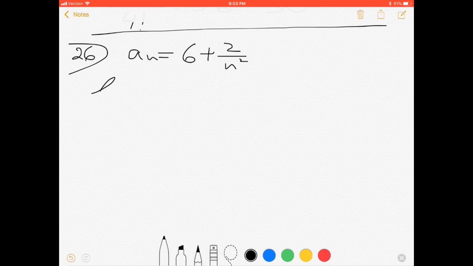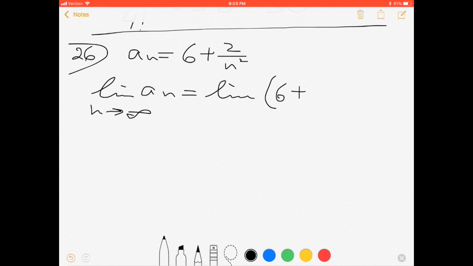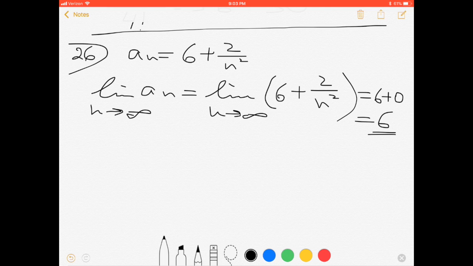This means I need to find the limit of a_n as n approaches infinity. It will be the limit of 6 plus 2 over n squared as n approaches infinity. But we have 2 over infinity, which will be 0, and then you have 6 plus 0, or you have 6.